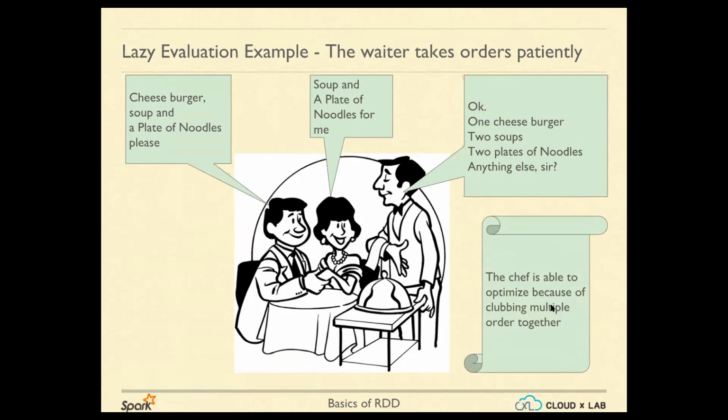So there are multiple items in a single order, a single order being placed by the user, and the waiter is able to optimize and group the items together because of patiently waiting.